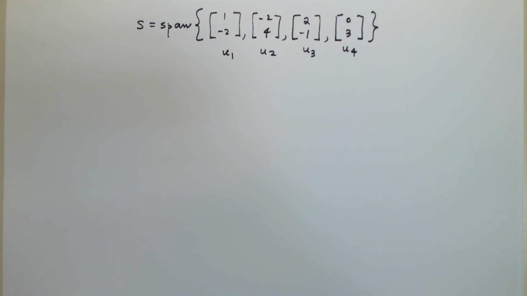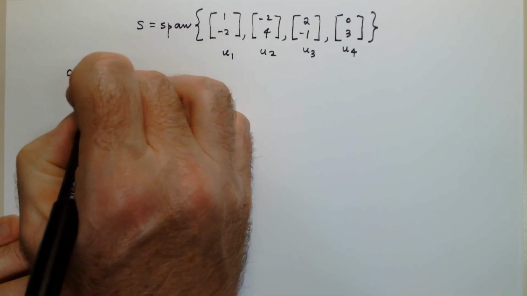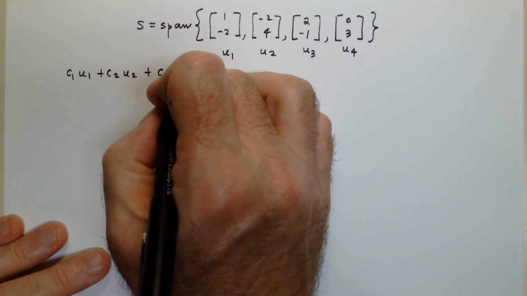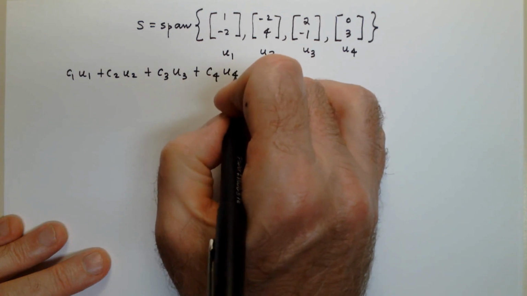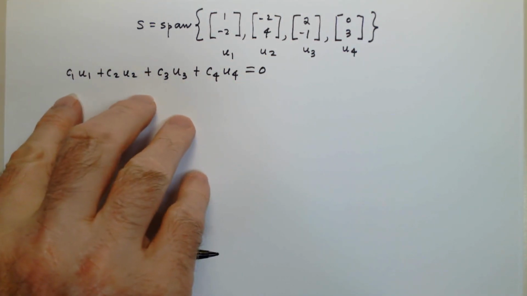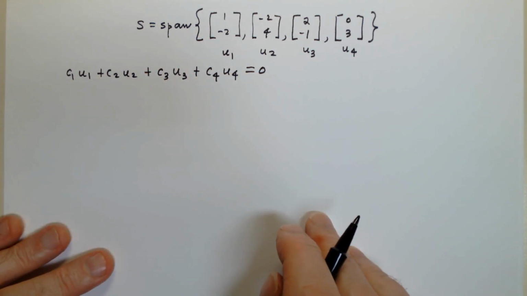Okay, now we begin by looking at the homogeneous equation C1 times U1 plus C2 times U2 plus C3 times U3 plus C4 times U4 equals the zero vector. So we're going to begin looking for possible solutions to this homogeneous system of equations.